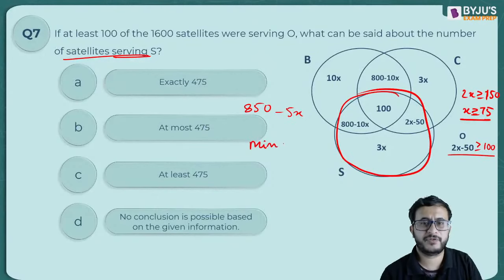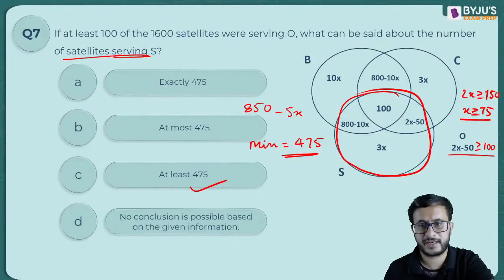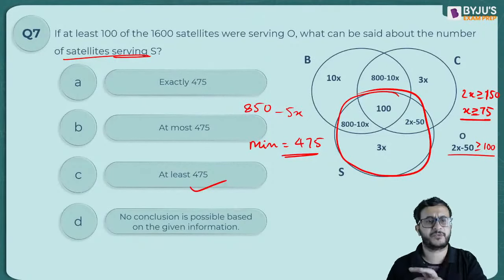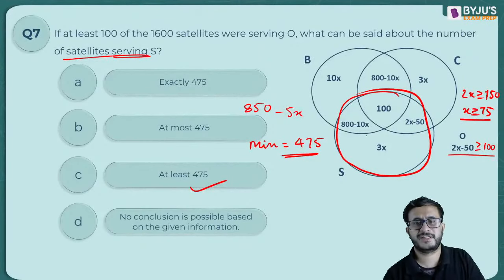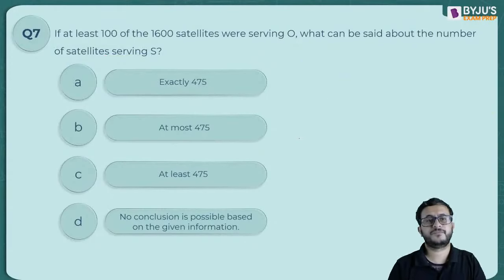So if you subtract 375 from 850, you will get the minimum as 475. So at least 475. Minimum 475, and it can have values greater than 475. Okay, so it's just like the previous question. They've just asked for S instead of C.